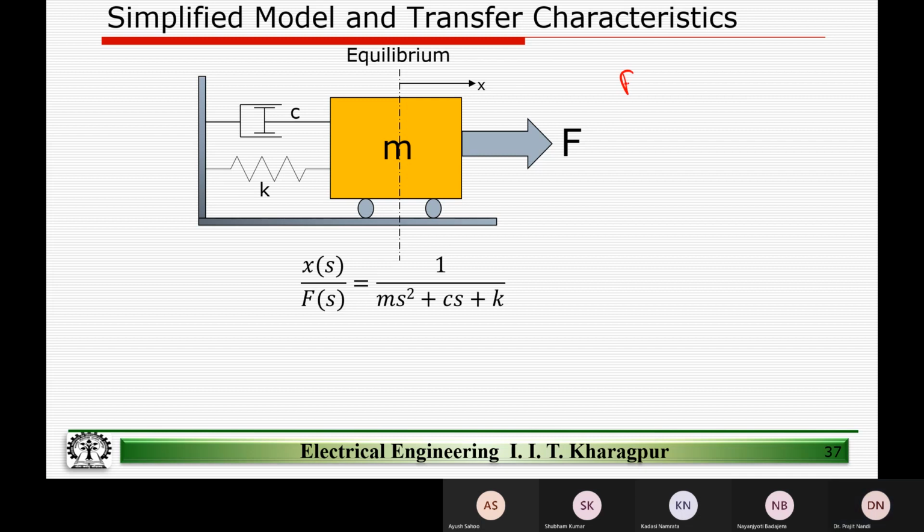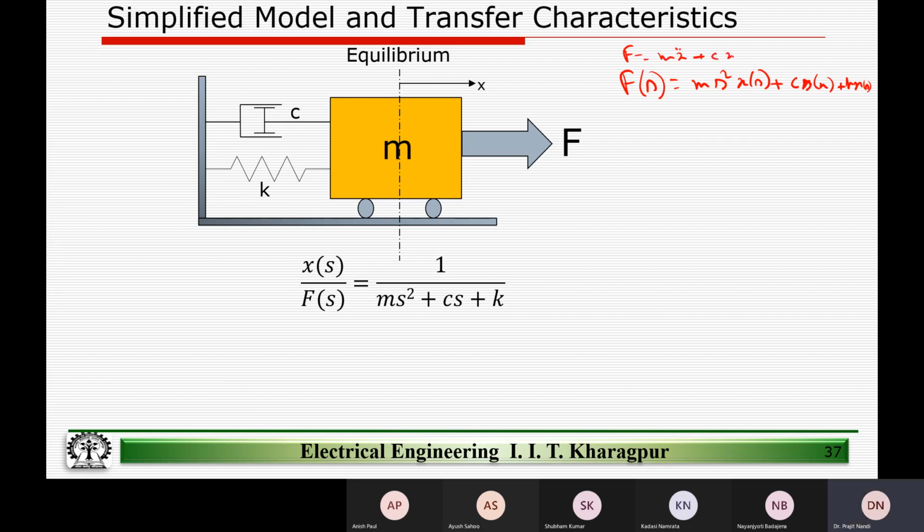So what we will write is F(s) is M s square Xs plus C s Xs plus K Xs. The same equation that I wrote, F is equal to M x double dot plus C x dot plus K x.